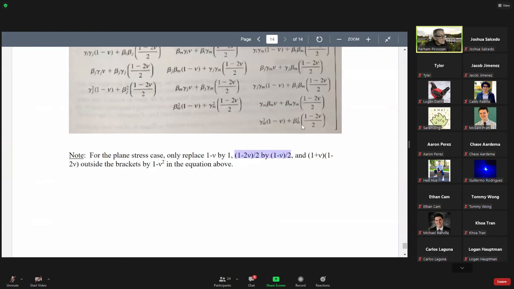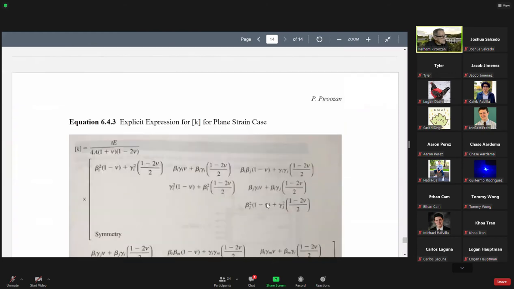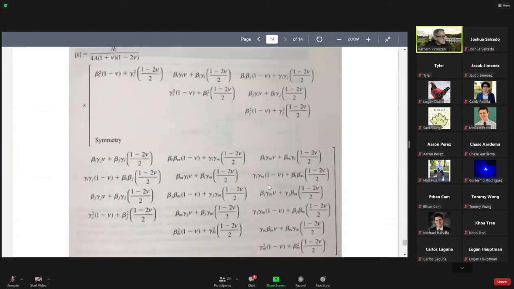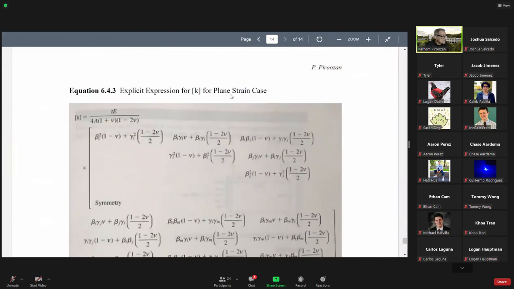You see this 1 minus 2 nu divided by 2. Replace it with this for plane stress cases. And 1 plus nu, 1 minus 2 nu outside the bracket, but 1 minus 2 nu is squared. So if we make this substitution, then this would be the explicit form for the plane stress case. But this one is already for plane strain problems.